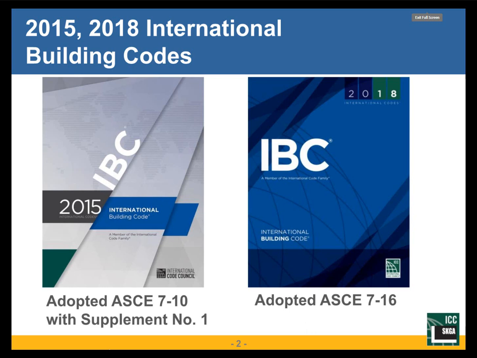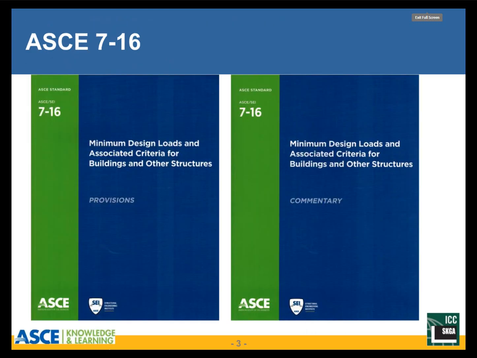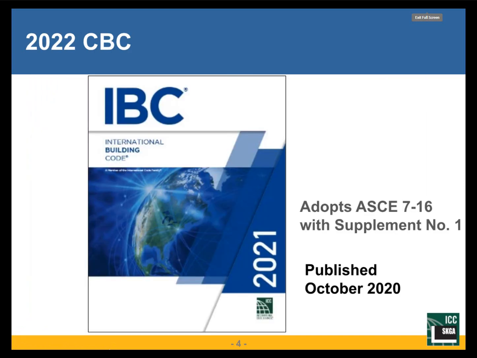The supplement number 1 is kind of incidental. When we went to the 2018 IBC, the reference standard changed to ASCE 7-16. From ASCE 7-10 to ASCE 7-16, there were many substantive changes. And that meant that there were very substantive changes of chapter 16 from the 2015 to the 2018 IBC.